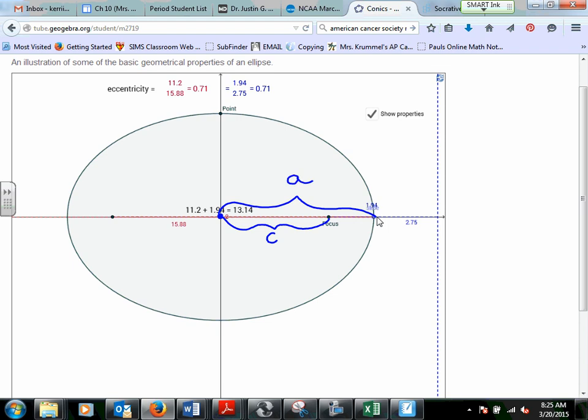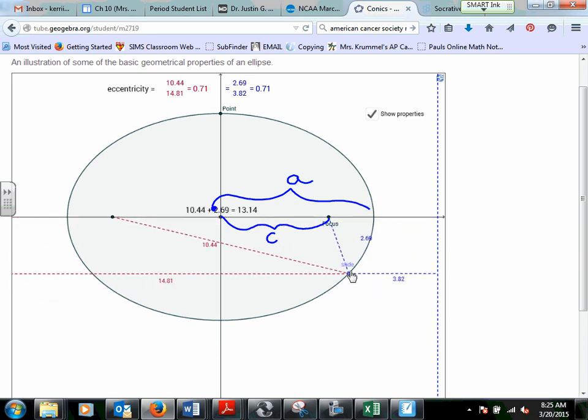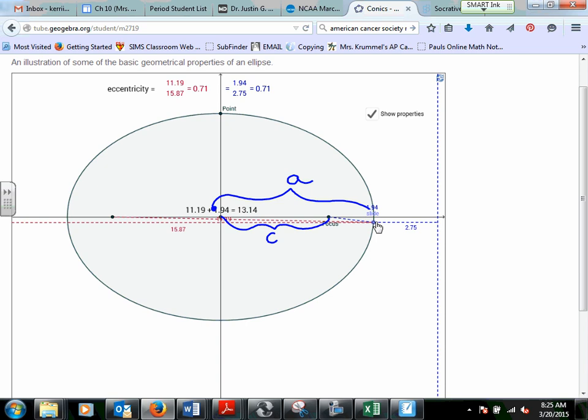I want you to visualize it. The red one, what is the distance of our red? A plus C, because from here to here is C, from here to here is A. Do you agree?